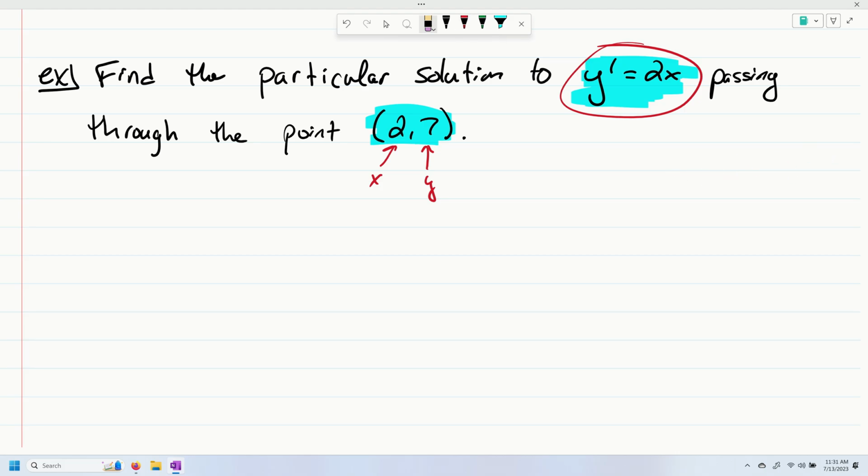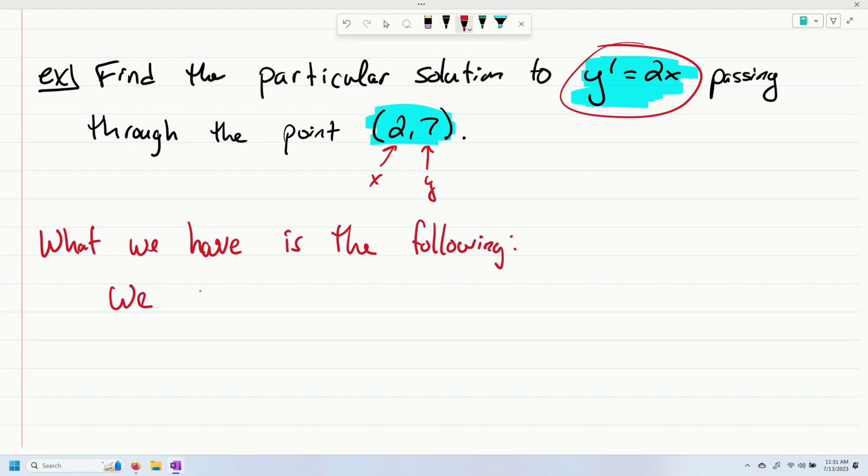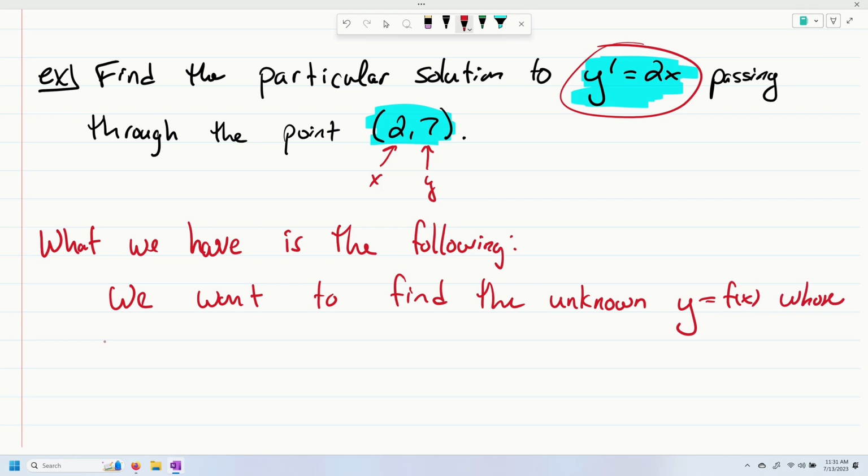All right, because this, like I said, once you understand this basic concept, then DiffEqs become very simple. So what we have is the following. We want to find the unknown function y equals f of x, whose derivative is equal to 2x.